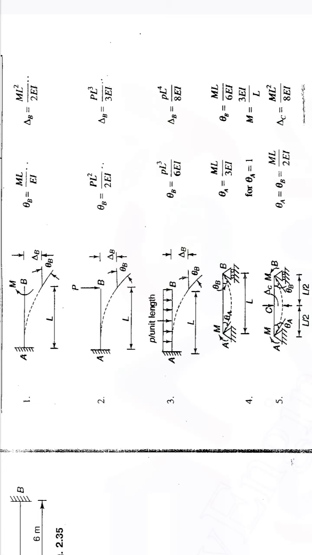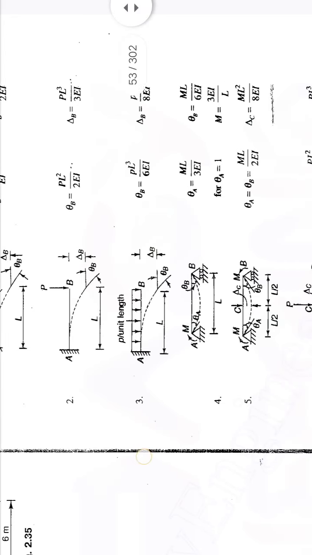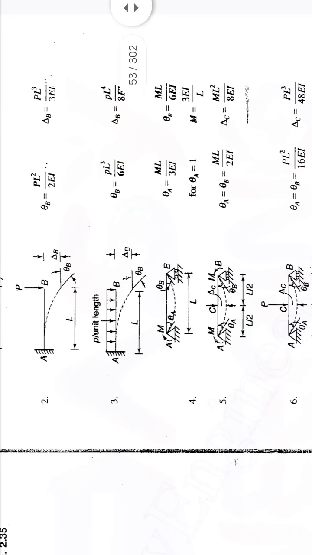These may be asked as a part of Part B or in any of the problems, so please mark this as important. Next, if you have a cantilever beam with UDL, then theta b is PL cube by 6EI, whereas delta b is PL 4 by 8EI.